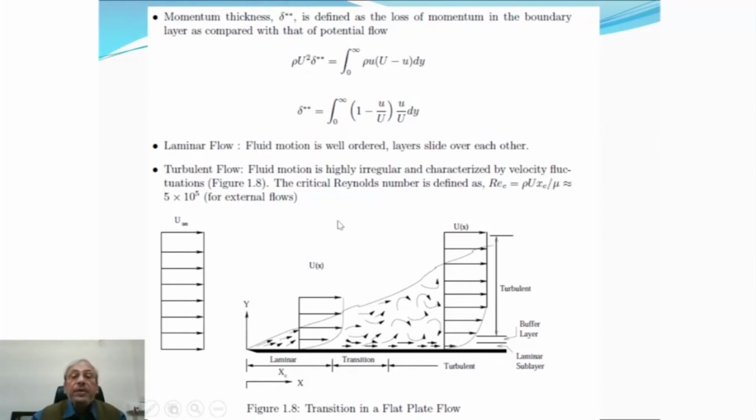And turbulent flow is fluid motion which is highly irregular, characterized by random fluctuations, and in the picture we have shown that also.